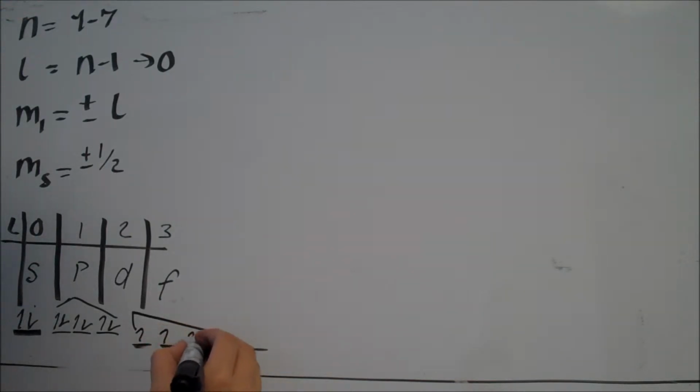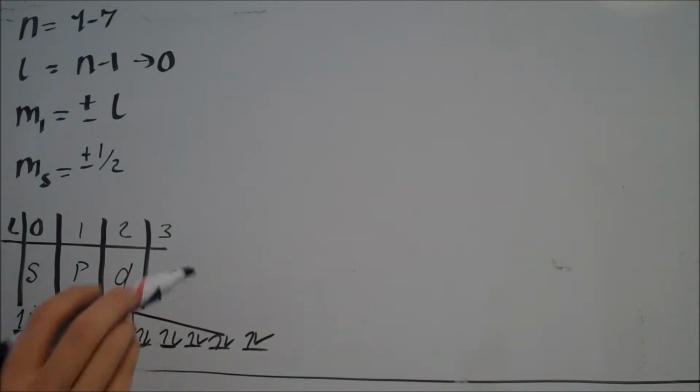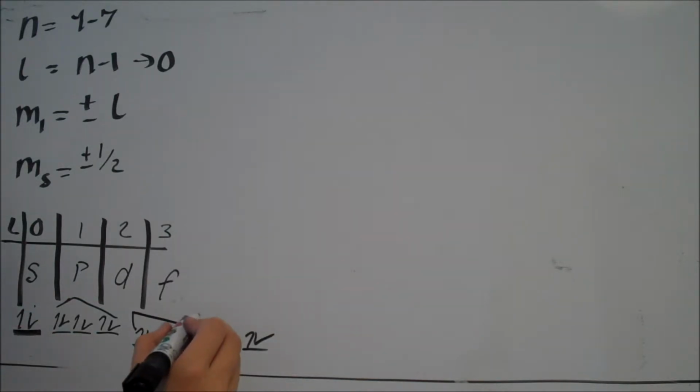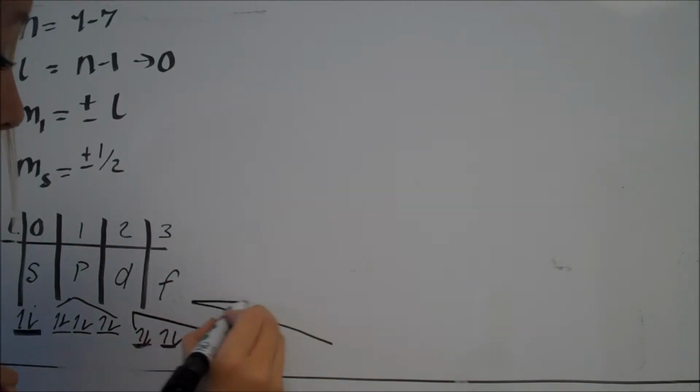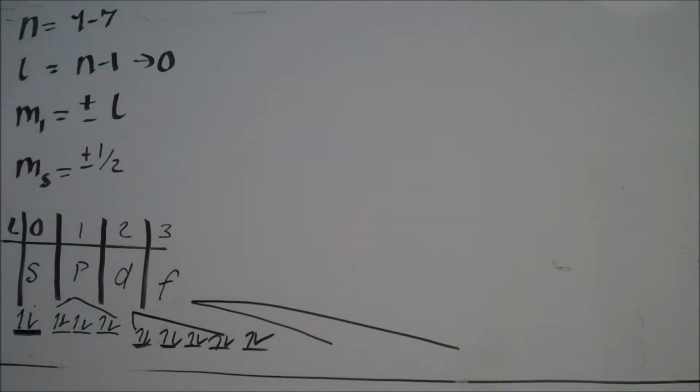Notice how I went with 1 electron in each orbital first, and then went back and put the second one in there.